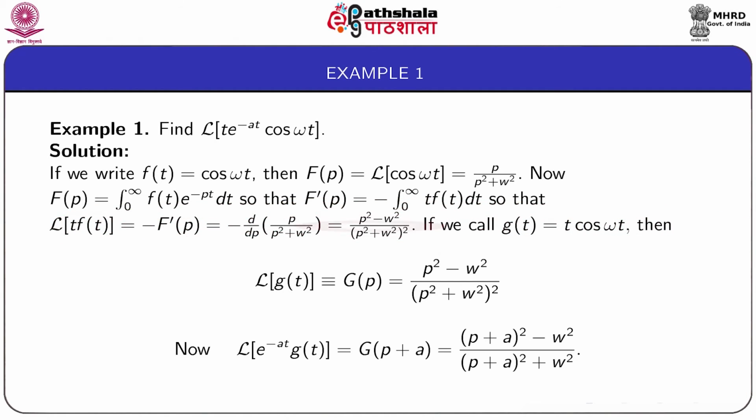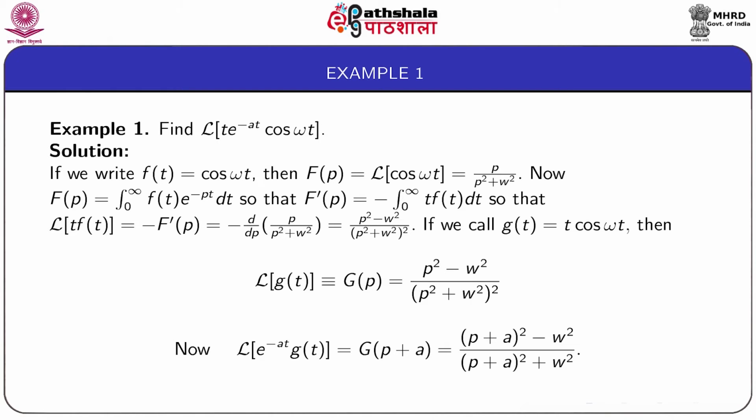Here F(p) is p by p square plus omega square, and if we calculate the d/dp of this function, then this gives p square minus omega square divided by p square plus omega square whole square.